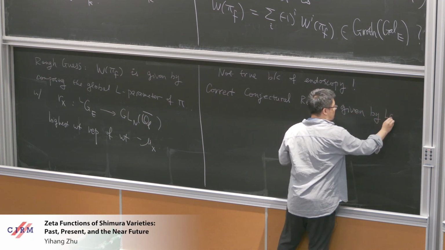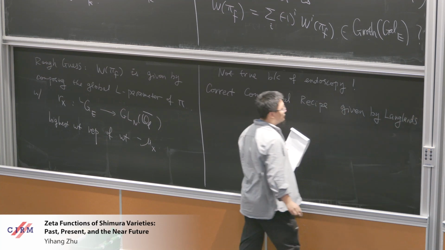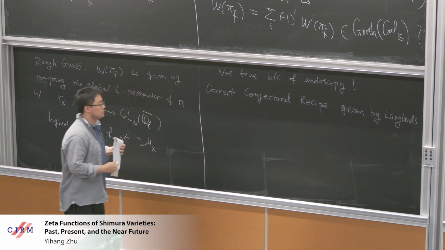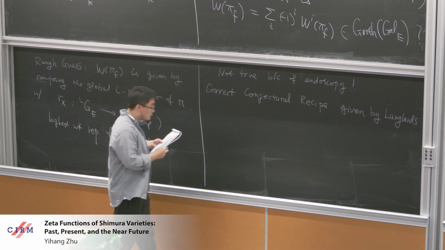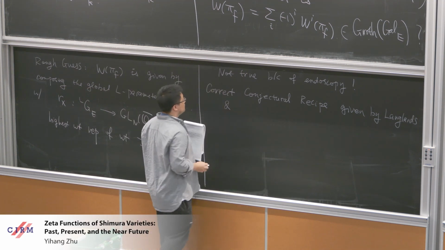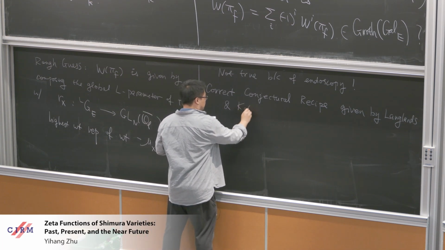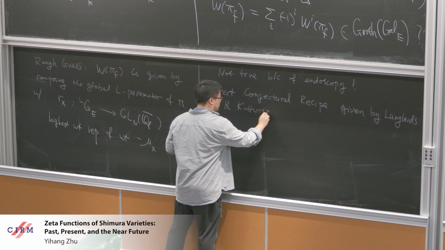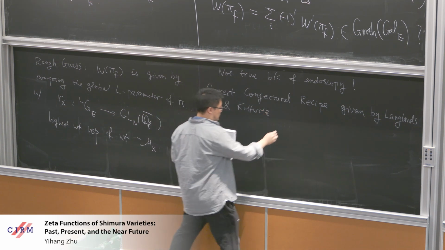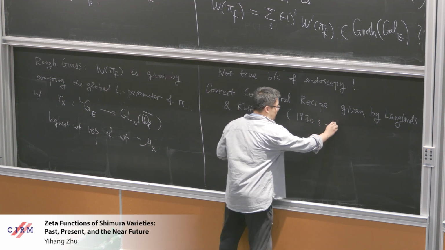Langlands was able to find the correct formulation in the tempered case, and Kottwitz extended it to arbitrary pi. This was roughly in the 1970s to the 80s.